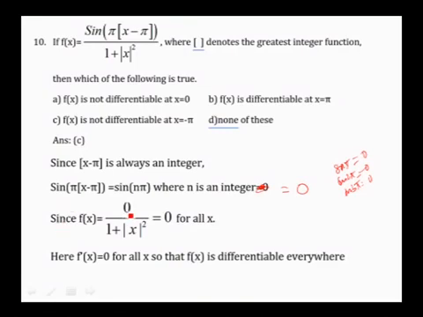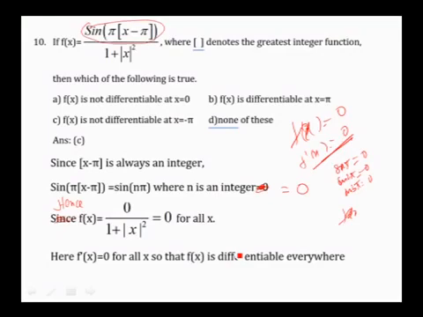So if you substitute, the integral part of x minus π is always an integer, so the numerator is 0 and f(x) equals 0 for all x. Here f'(x) equals 0 for all x, because f(x) itself is 0. If we differentiate this, what do we get? f'(x) is always 0. f(x) is a constant, and the derivative of a constant is always 0. So f'(x) is 0 for all x, so that f(x) is differentiable everywhere.